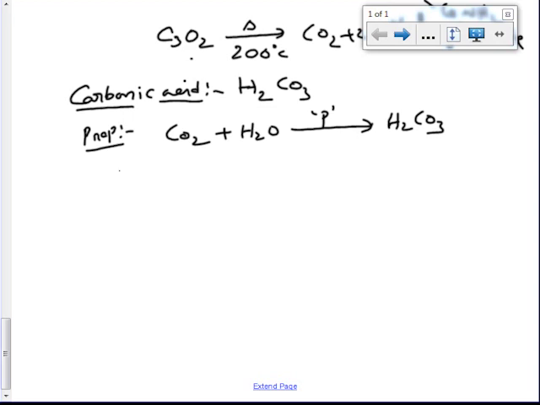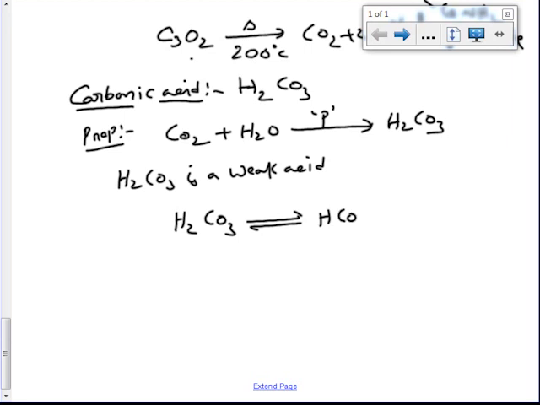Carbonic acid is a weak acid. Weak acids we can observe in the acid-base chapter, where we write the weak acid reactions, like the equilibrium law: H2CO3 gives HCO3 minus and H plus.